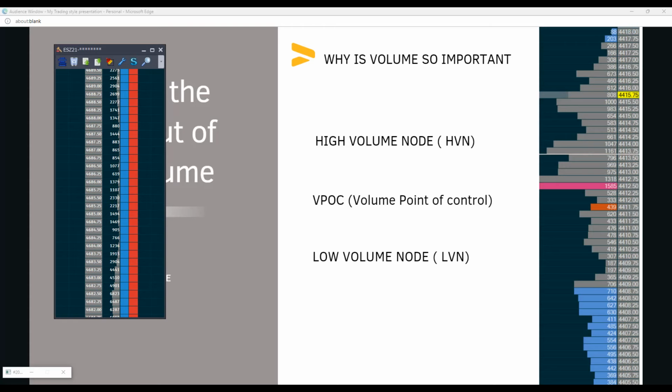I'll combine the profiles together, but to keep it simple, I think you have to use those high volume nodes and low volume nodes in context with what the market's been doing in the last 3-4 days.